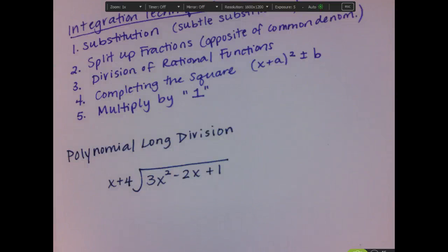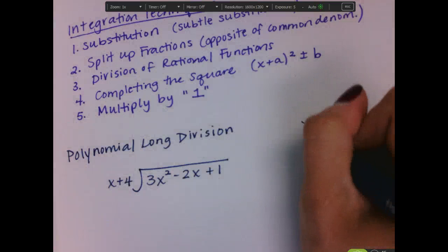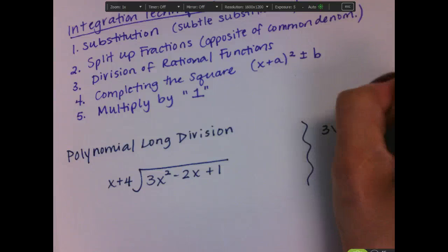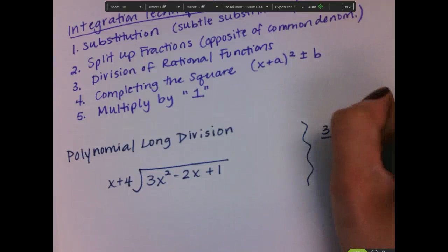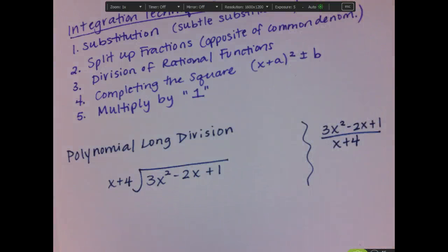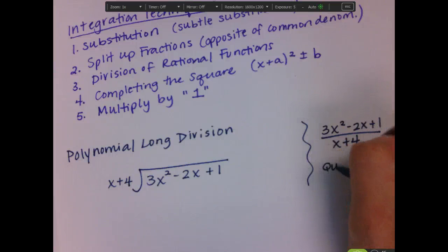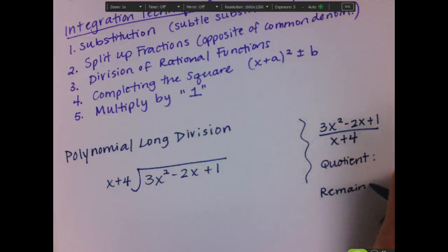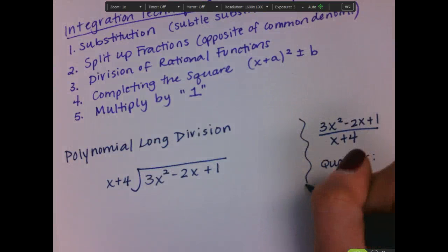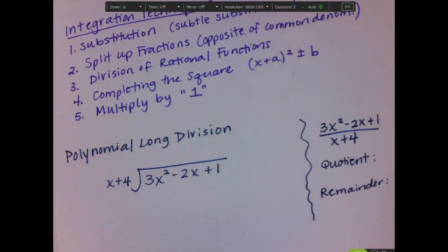In this case, I've chosen x plus 4. So you might see the original problem written in this way, where you've got the top divided by the bottom. And again, what we want to do is actually divide this so that we come up with some sort of quotient and then some sort of remainder to represent the division of these two polynomial expressions.